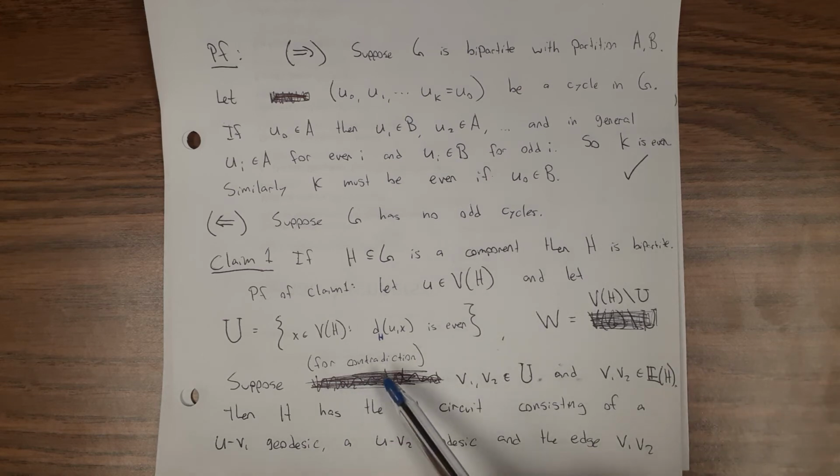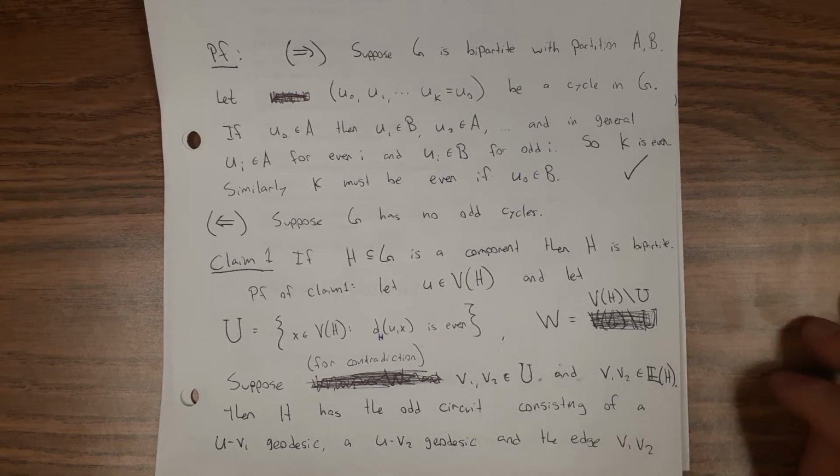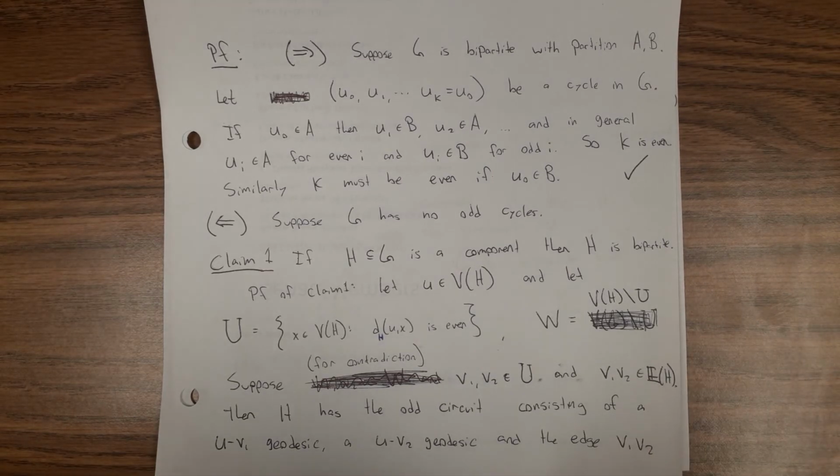So suppose, for the sake of contradiction, that I do have an edge with both ends in U. So I have v1 and v2, and they're both in U, and there's an edge from v1 to v2. Then H has an odd circuit.